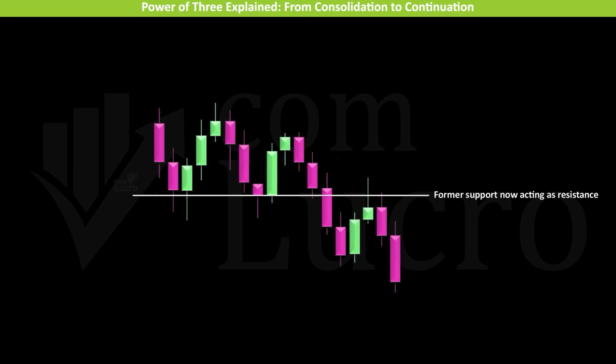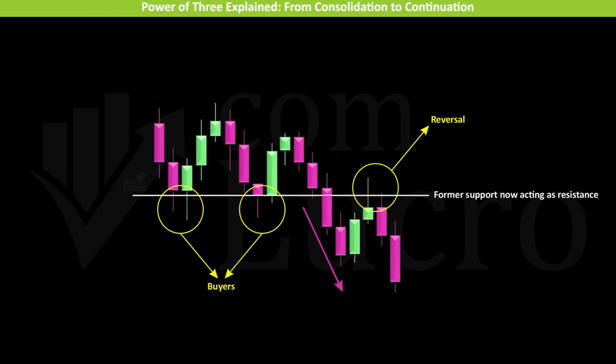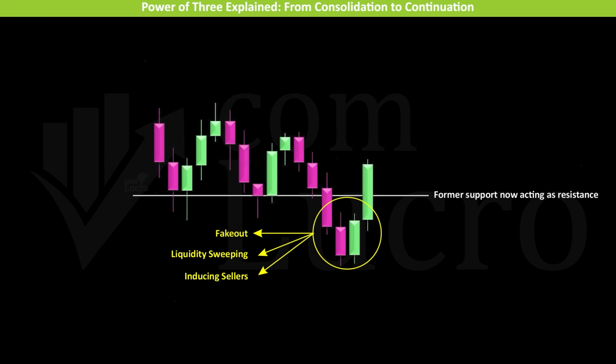Traders who previously went long see the retest as an opportunity to exit, while others see it as a chance to enter short. However, when price fails to continue and quickly returns back inside the consolidation range, this movement is classified as a fakeout. This action is designed to sweep liquidity outside the range and trap breakout traders.